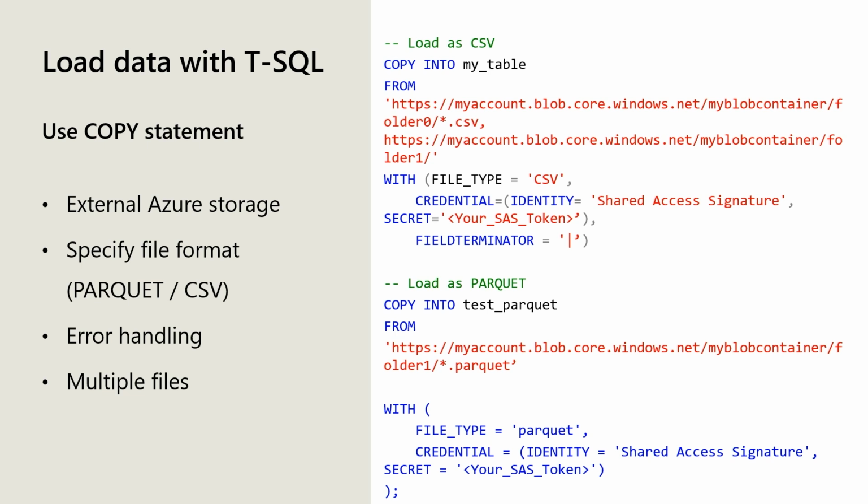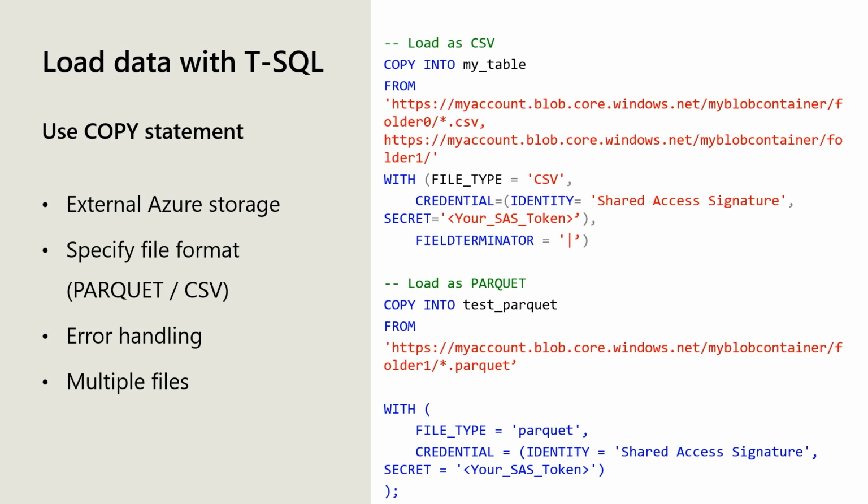The ability to specify wildcards and multiple files in the storage location path allows the copy statement to handle bulk data loading efficiently. This is useful when dealing with large data sets distributed across multiple files. Note that you can load a CSV file or a Parquet file.